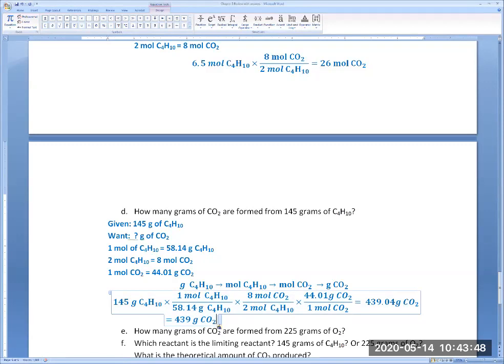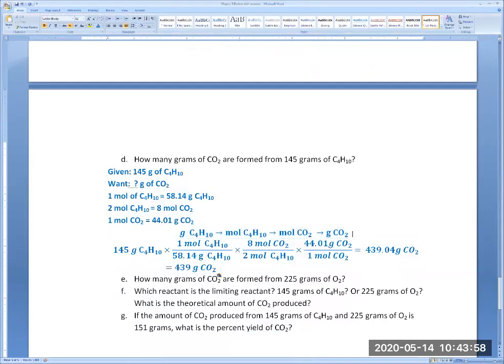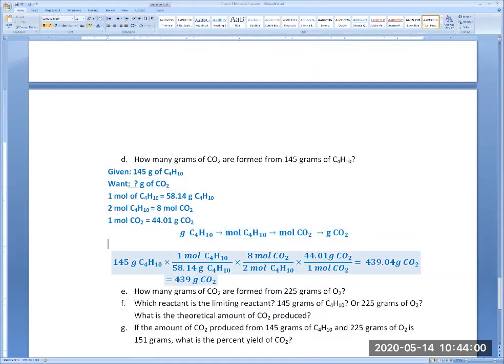It's not just grams, it's grams of CO2 that are formed from 145 grams of C4H10. So that's how I want you to do this kind of problems. And if you show all of that, it's really great. It's the best.